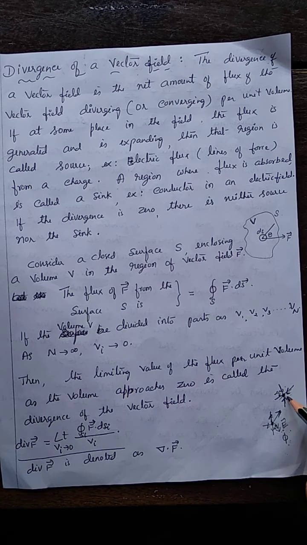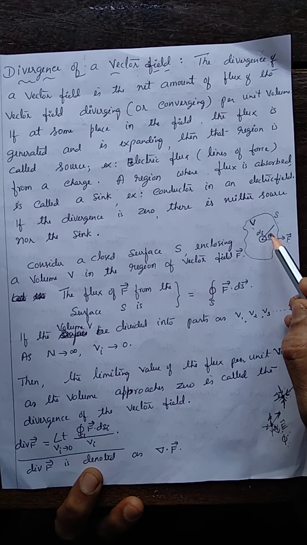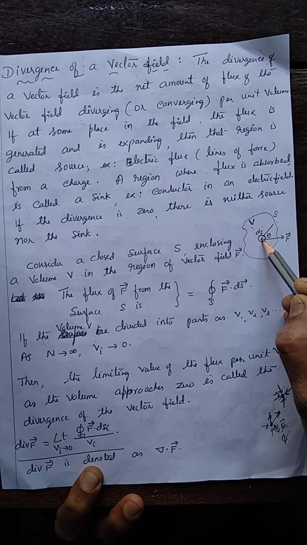Here, consider a vector field F in general; here it is E in particular. In that field, consider a closed surface S enclosing a volume V. On this surface, consider a point surrounding a small area ds.